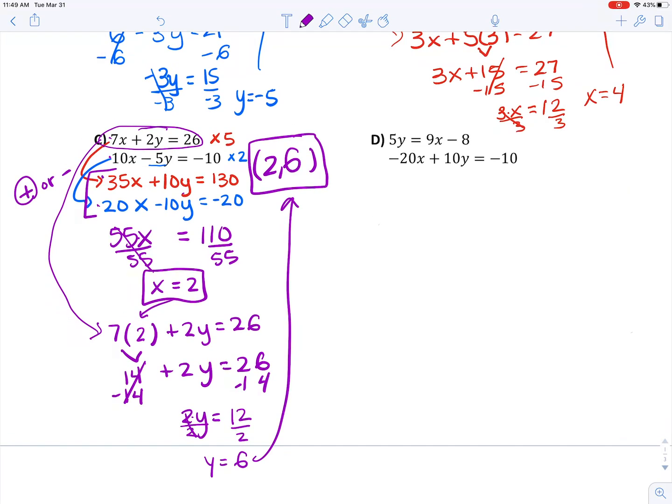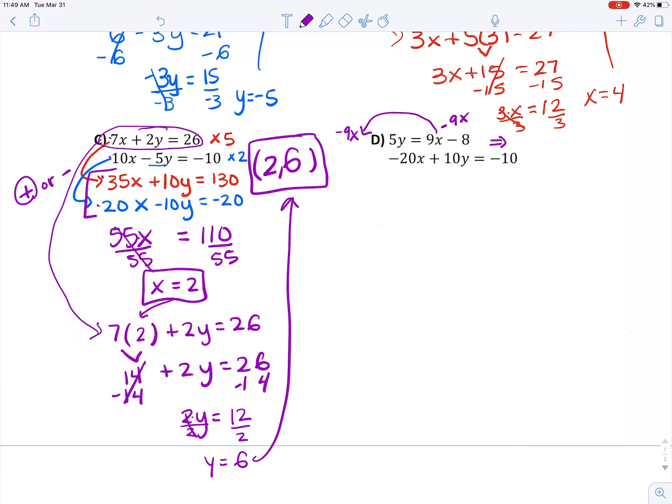All right, our last example. The first thing I'm going to check is whether my x's and y's are in a column, and right now I already see that they are not. So I want to take this x and move it over here. How do I get rid of 9x on one side? I have to subtract it on both sides.